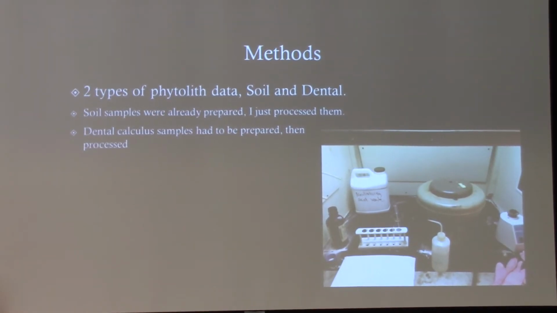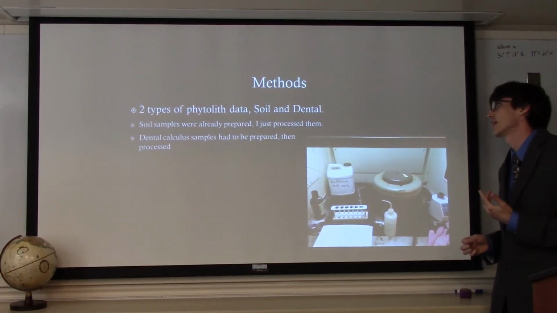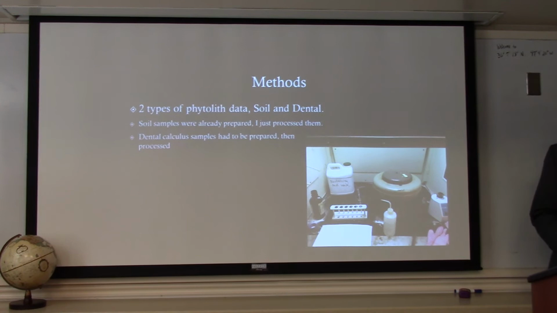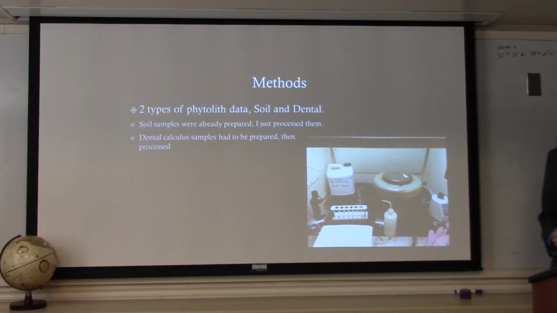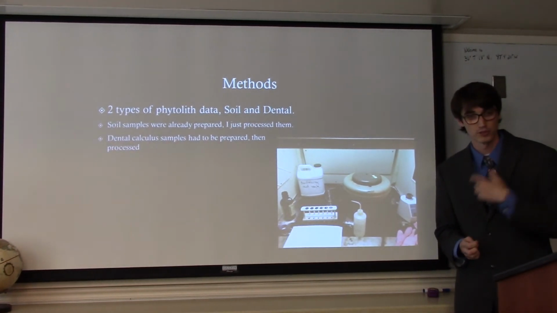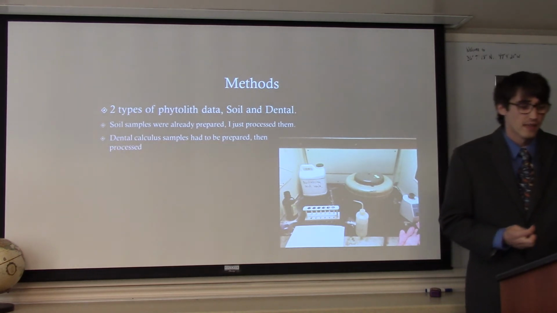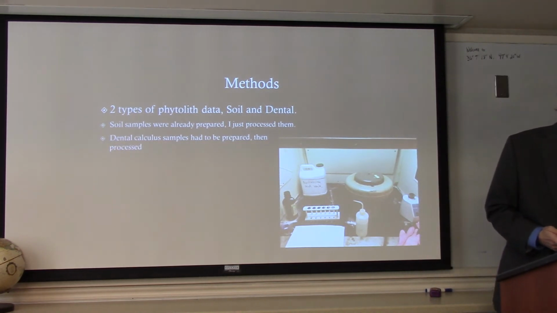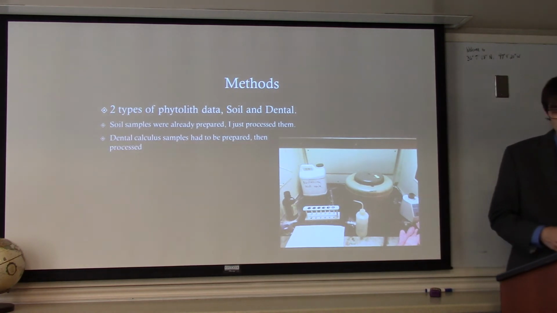So, my methods. There were 2 different types of phytolith data that I obtained for this study. The first of which was soil data. I had soil data from all of my modern references, and then I had dental samples obtained from the teeth. These were from Niobrara, tallgrass, sand sage, as well as all of my prehistoric samples.